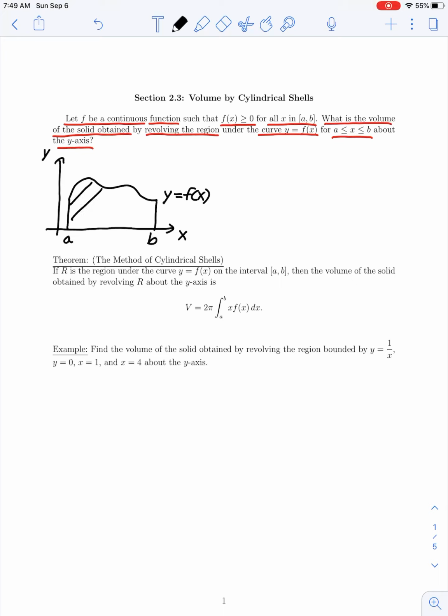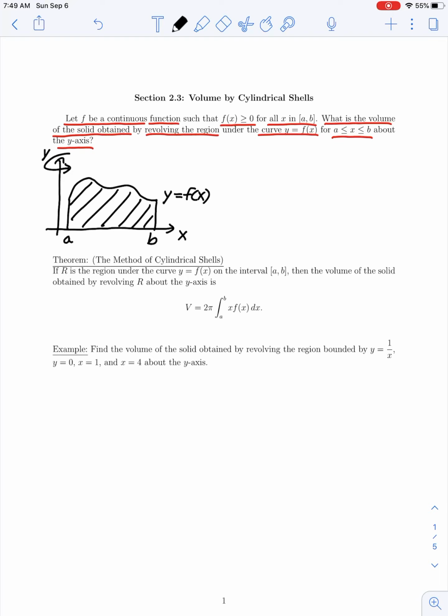So we're going to take this shaded region, and I want to revolve that region about the y-axis and determine the volume of the solid that I would get. So in order to do this, let's think about a similar approach to what we were doing in our last section.